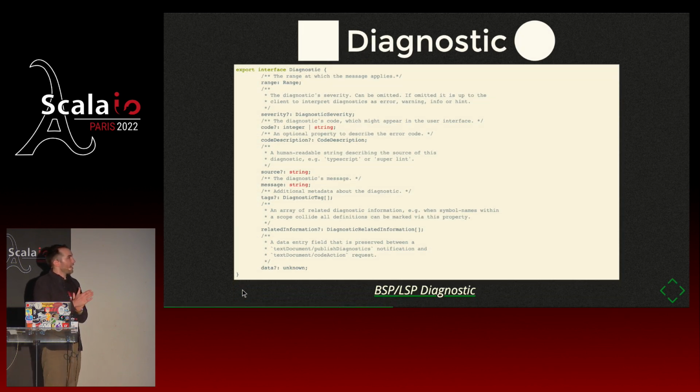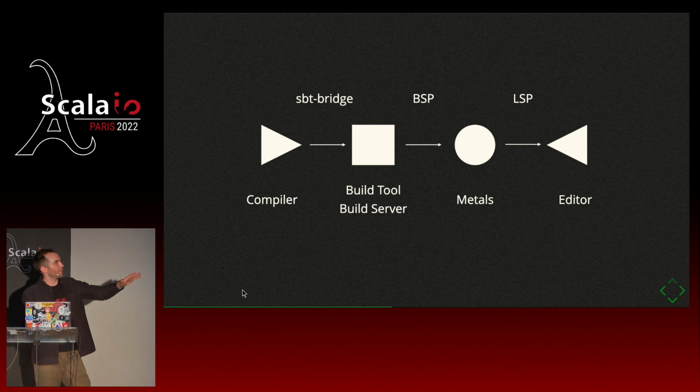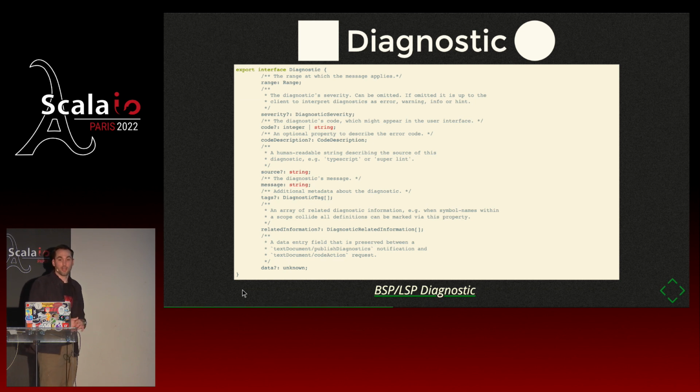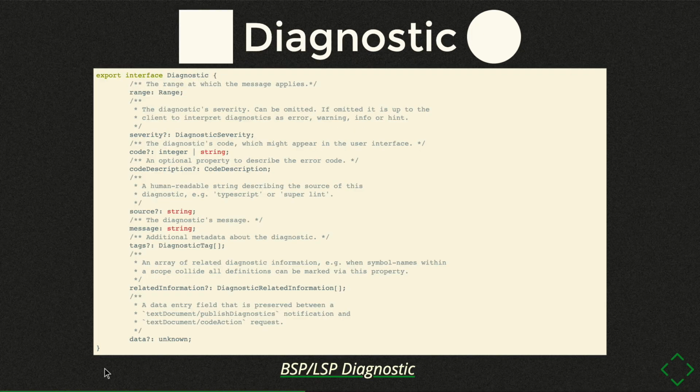So let's look at how a diagnostic actually looks in the protocol, because ultimately, if where we're ending up is using LSP, that's sort of what the end user is going to see. So this is what a diagnostic looks like according to LSP, and therefore BSP, because they mimic each other. We have a range, which is a position. We have a diagnostic severity level. We have a code description and a code. Okay, so that's something new we haven't seen before.